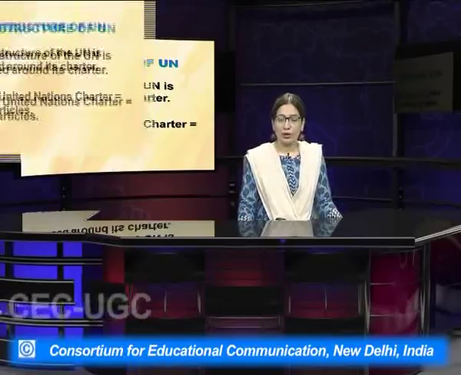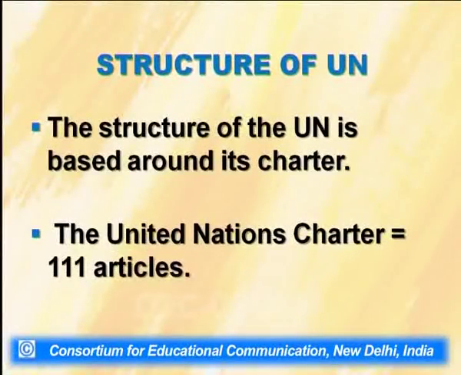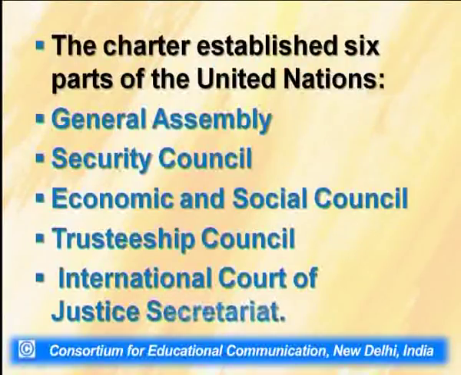The structure of the United Nations is based around its charter. The United Nations Charter has 111 articles. Now this charter establishes 6 organs of the United Nations. We shall be looking at these 6 organs in detail in the lectures to come.